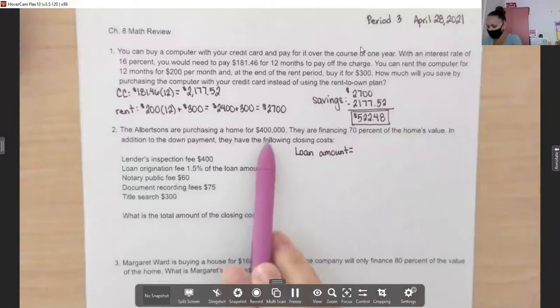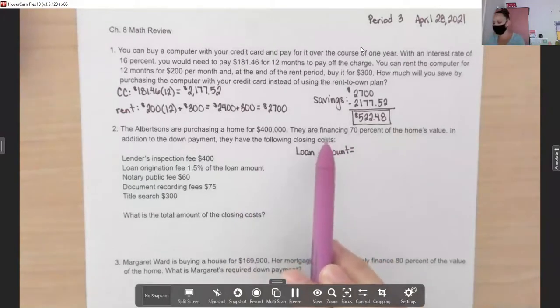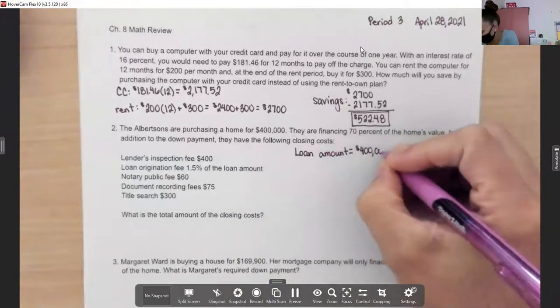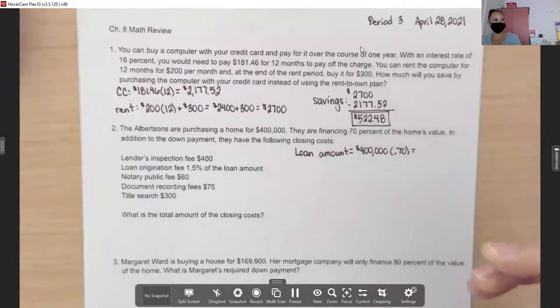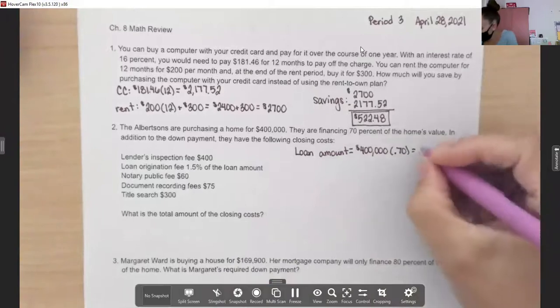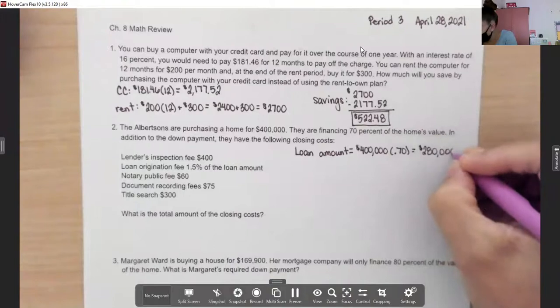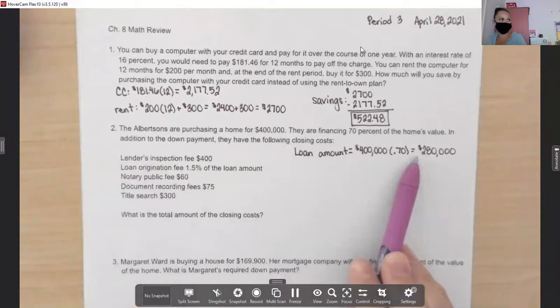Well, it's a $400,000 house, and they're financing 70%. Financing means that's how much they're getting their loan for. So we need 70% of 400,000. So 70% of 400,000 is going to be $280,000. That's how much they are getting their loan for. So they're getting a $280,000 loan.